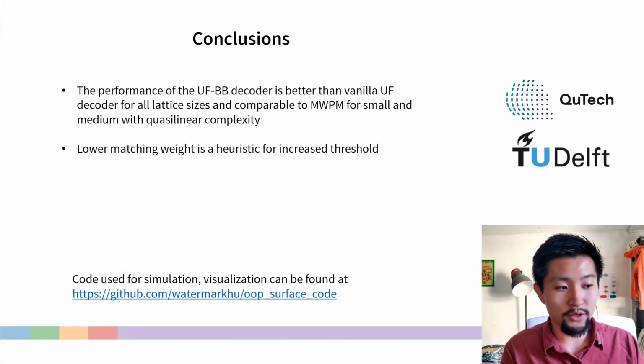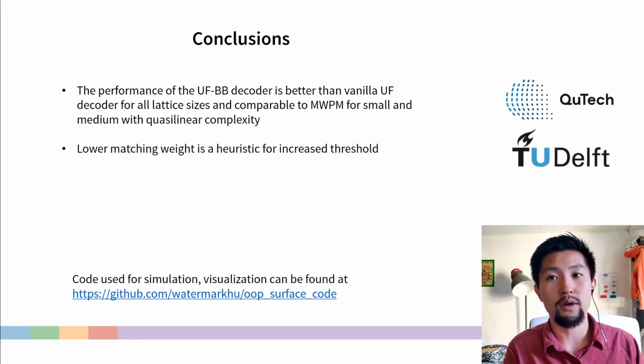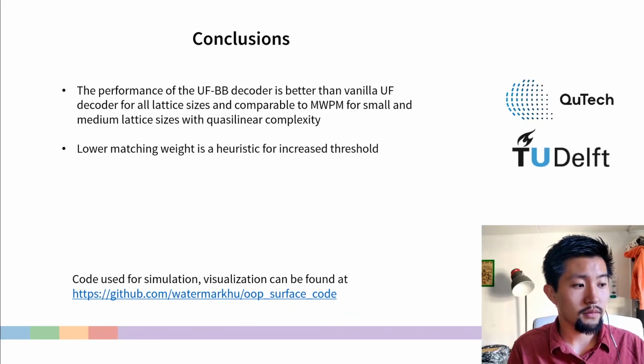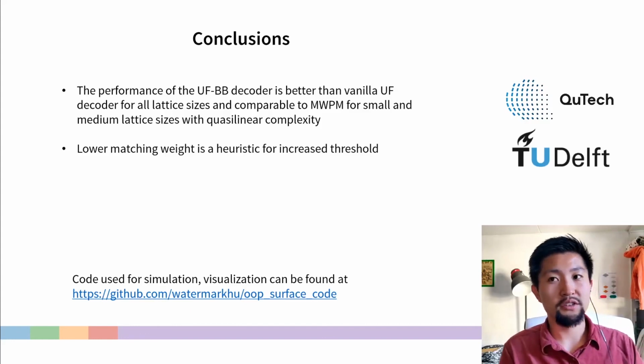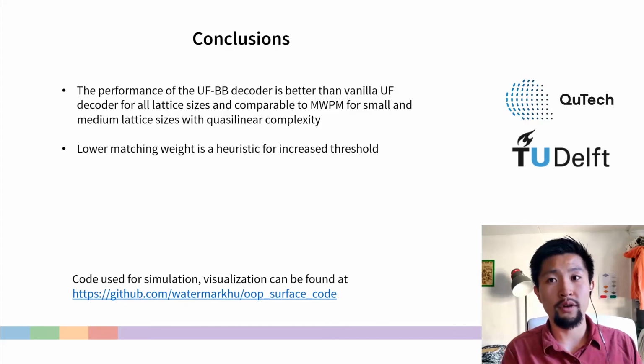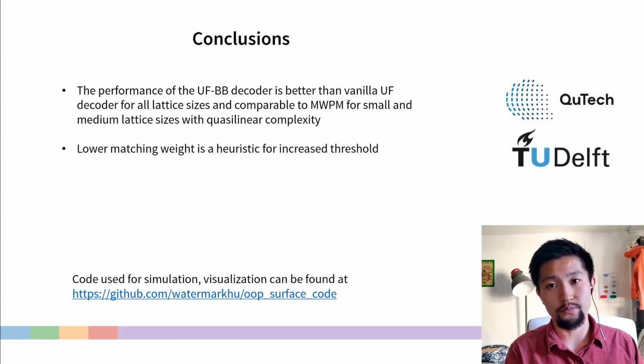So in terms of conclusions, we can say that the performance of the unified balanced Bloom decoder is better than a vanilla unified decoder for all lattice sizes, and comparable to minimum weight perfect matching for small and medium lattice sizes with quasi-linear complexity.